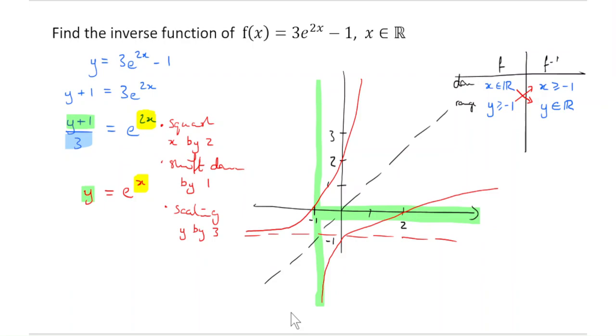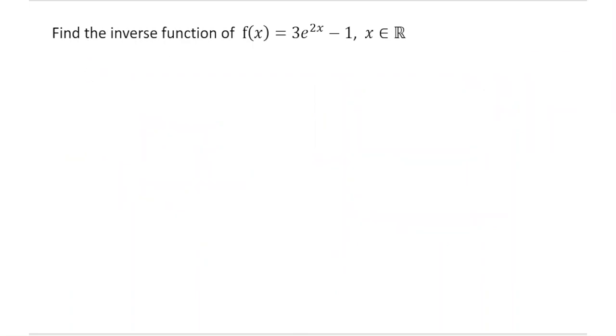So the question is now, can we actually find the inverse function? Well, all we've got to do now is our rearranging. So y is equal to 3e to the 2x minus 1. We need to rearrange to make x the subject. So y plus 1 is equal to 3e to the 2x.